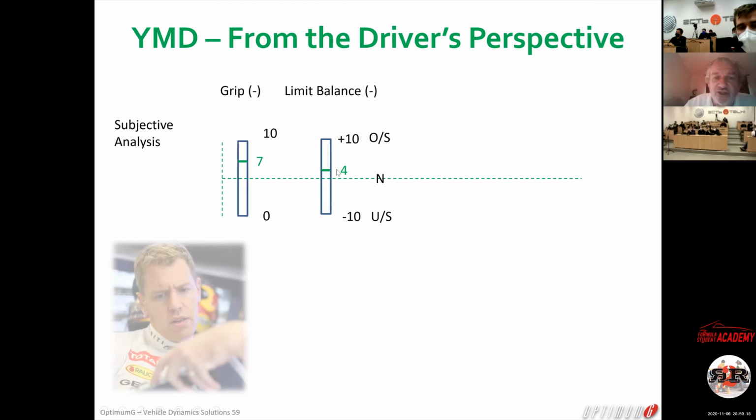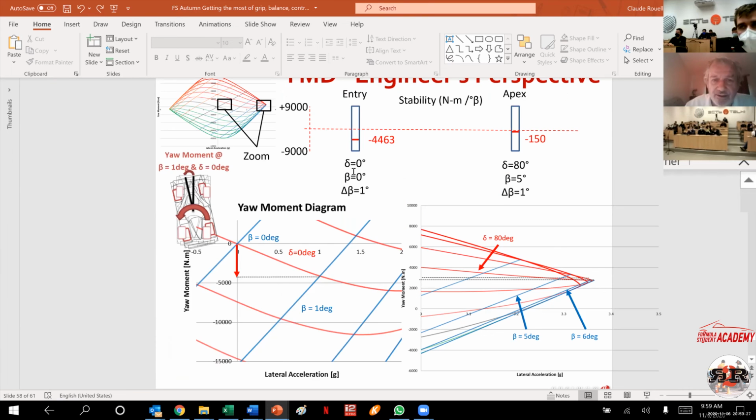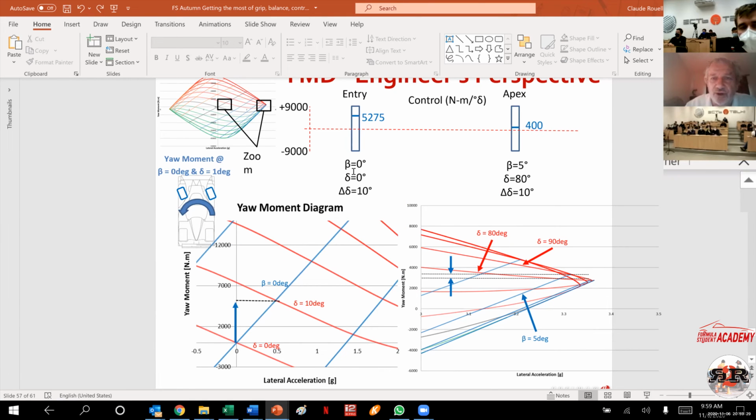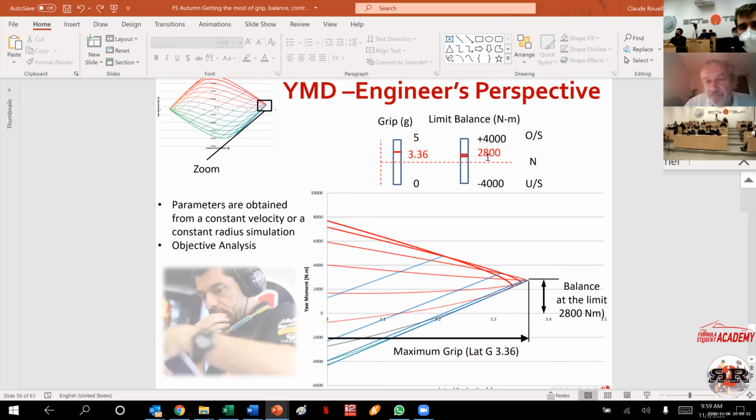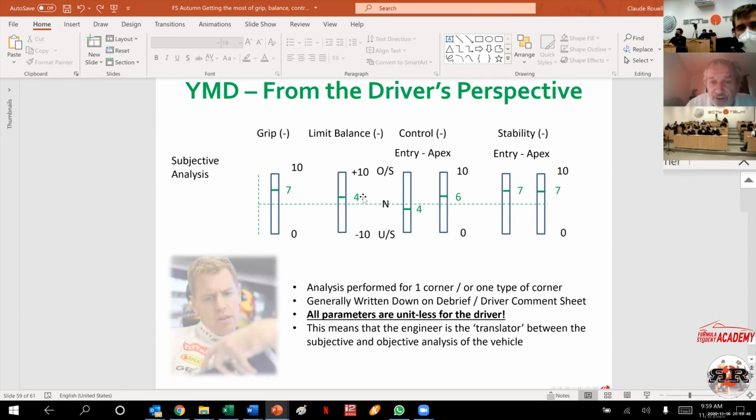The guy is telling you he has an oversteer of 4, okay? And when he was happy, the number of the balance was, because the driver could be different, let's say that when the driver was happy, instead of 2,800, he was giving you 1,500. So you know that 2,800 corresponds to 4, and 0 neutral corresponds to 1,500.